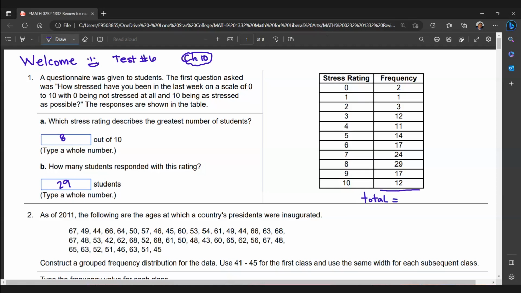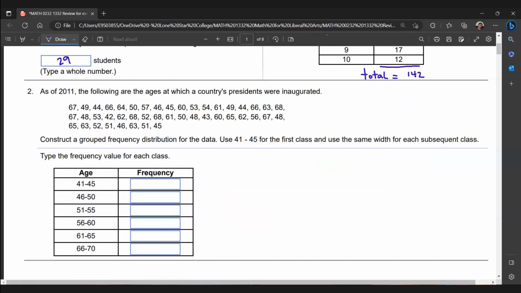I'm going to do that with my calculator: 2 plus 1 plus 3 plus 12 plus 11 plus 14 plus 17 plus 24 plus 29 plus 17 plus 12, I have a total of 142 students. So if a question says, what is the total number of students that participated in this questionnaire? That will be 142.